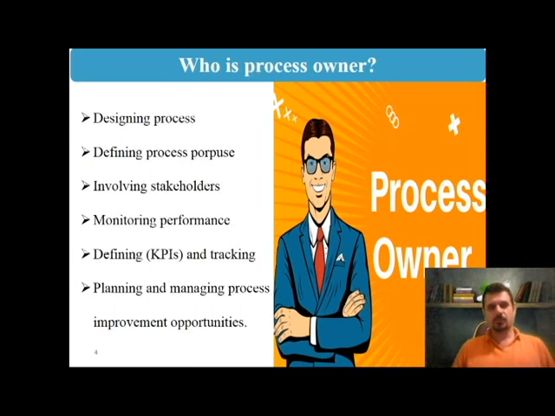First, we should know some definitions. The first is: who is the process owner is important for us. When we are designing process architecture, we should determine who is the process owner for each process.